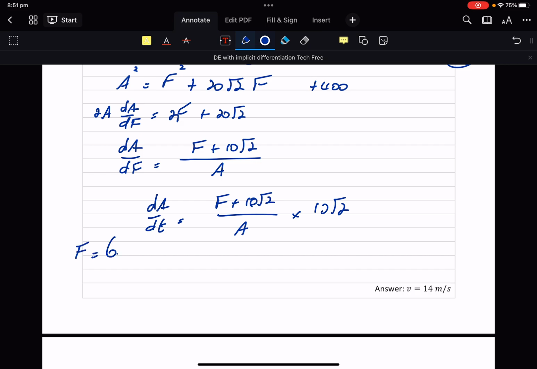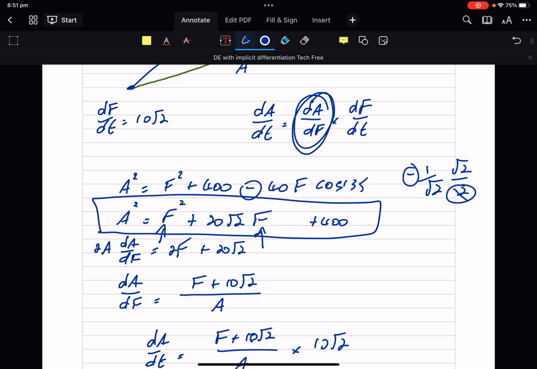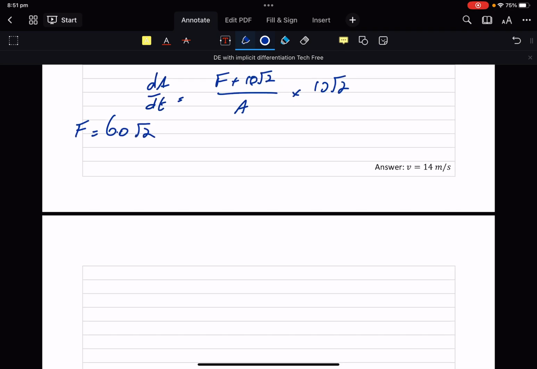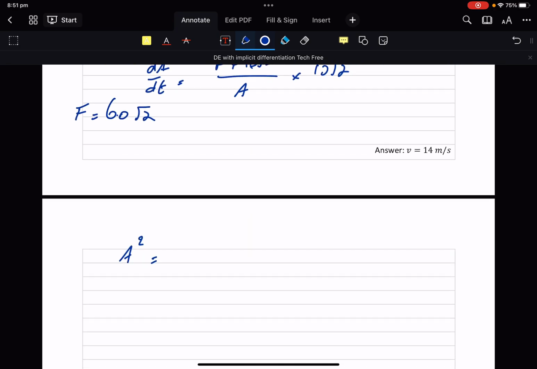is 60 root 2. And then we're going to go back into our cosine rule. We're going to put that F in there. And you're just going to use a calculator, I guess. Oh, okay. A squared equals F squared.